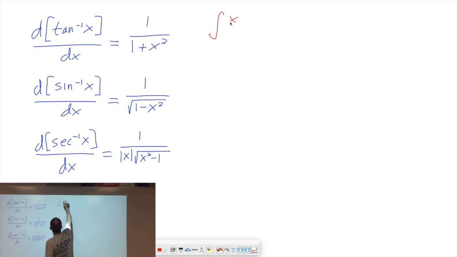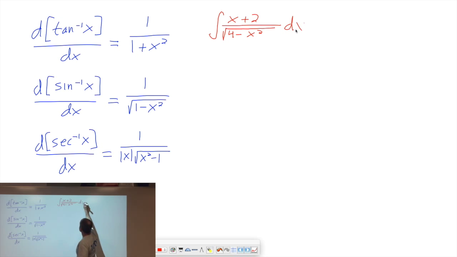Now, we are going to look at the antiderivative of x plus 2 over the square root of 4 minus x squared dx. Okay, first thing, that plus 2 kind of makes a mess of things.